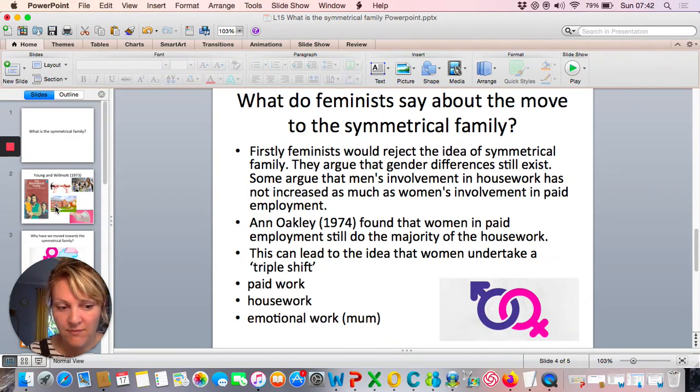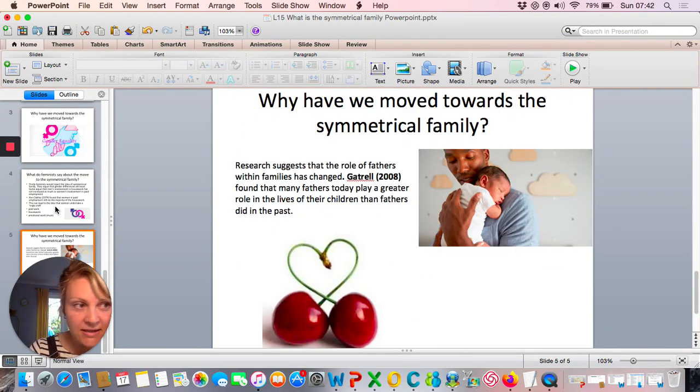false, basically. And finally, in my last slide here, another reason why we have moved towards the symmetrical family is perhaps the work by Gatrell in 2008, who researched the role of fathers within the family, and he found that men are playing a greater role as fathers than they ever did in the past.